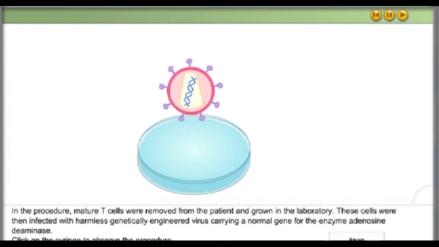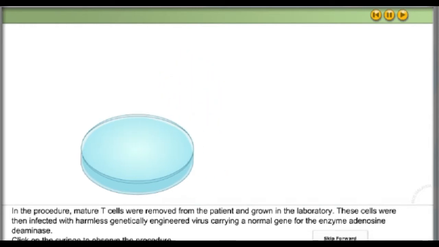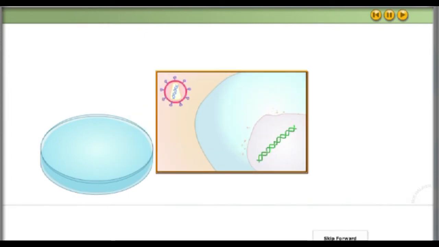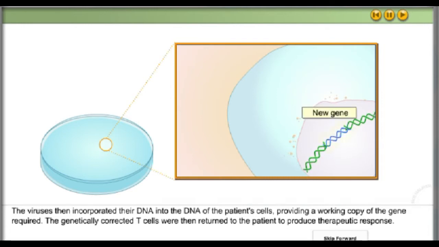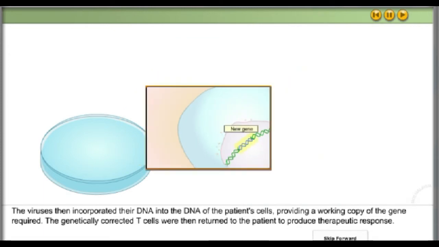The process is done in the laboratory. The virus then incorporates its DNA into the DNA of the patient's cells, providing a working copy of the gene. This genetically corrected T cell will then return to the patient to produce a therapeutic response.